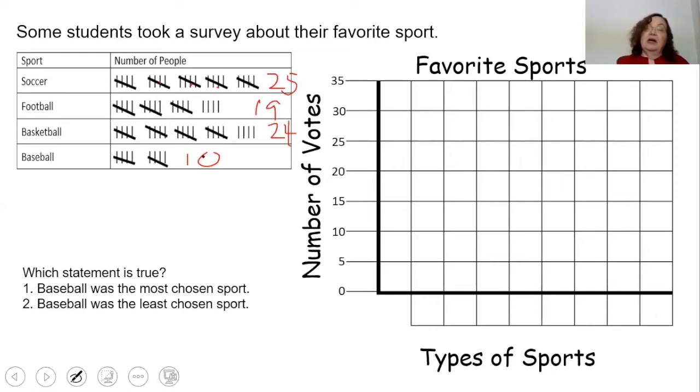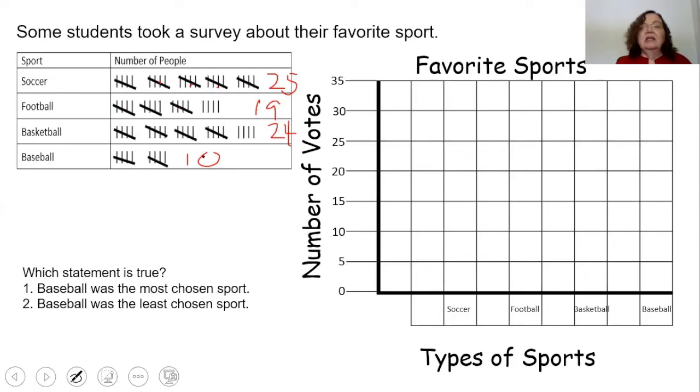So can you put a scale of 5 up the side? Now, I still need to label down here the types, so I know when I'm looking at it which bar is for which sport. So I have soccer, football, basketball, and baseball.